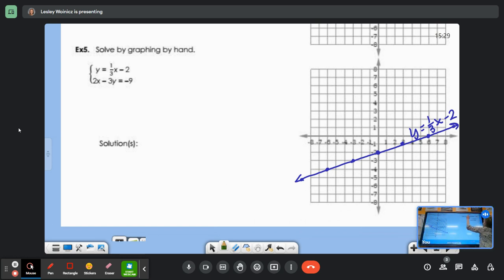So we'll subtract away the x's, and we get -3y equals -2x minus 9. Now we're going to divide by -3 this time. So watch your signs. Anything that was positive is going to turn negative, and anything negative is going to turn positive when we divide by a negative.